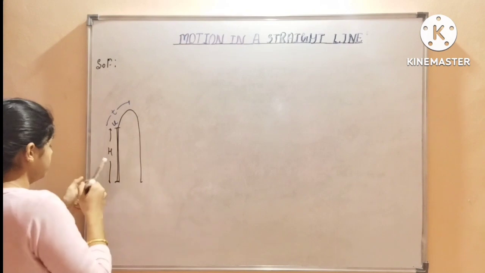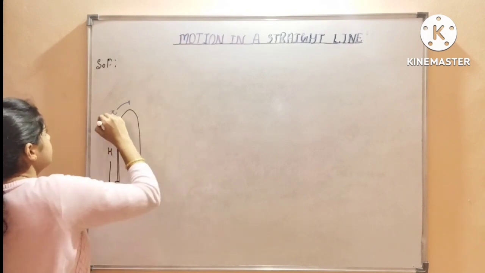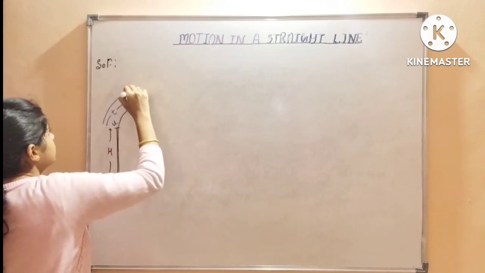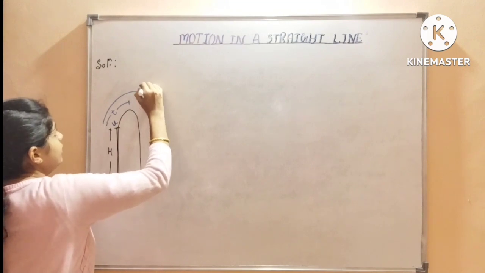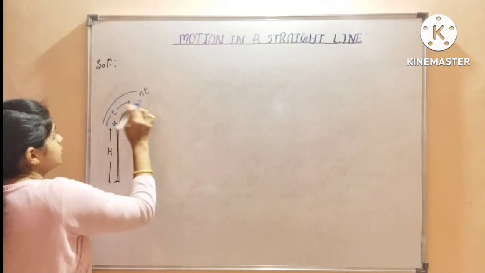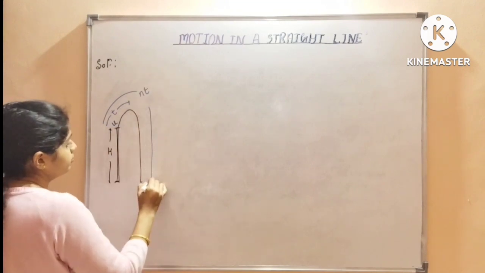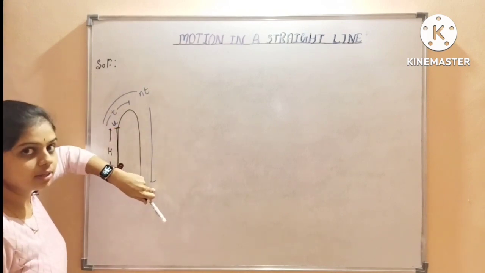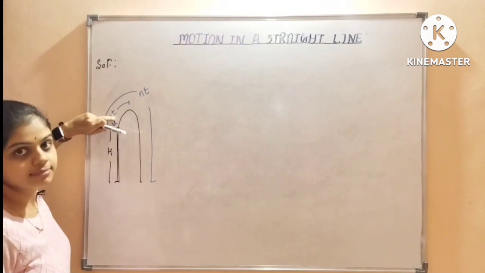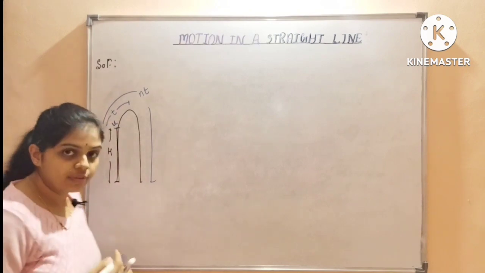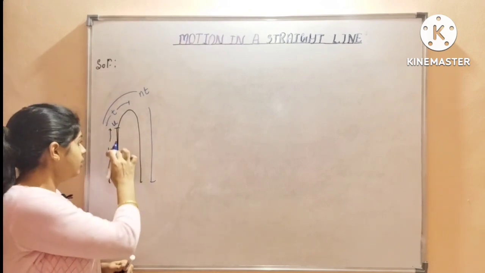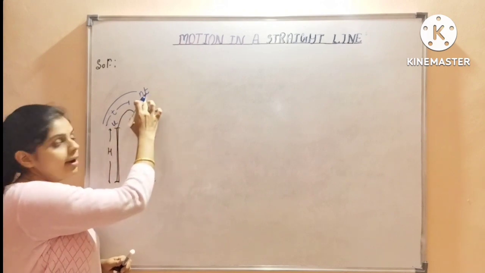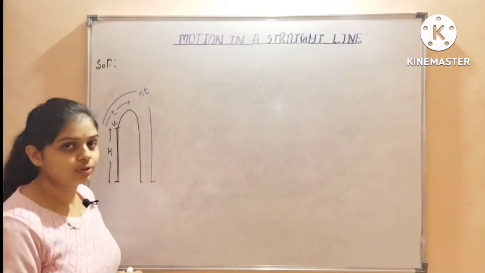They have mentioned that the time taken by the particle to reach the ground is n times the time taken to reach the highest point. Total time taken by the particle to reach the ground is equal to n times t. Now what we have to find? The relation between height of the tower, u and n. Okay, let us start solving.